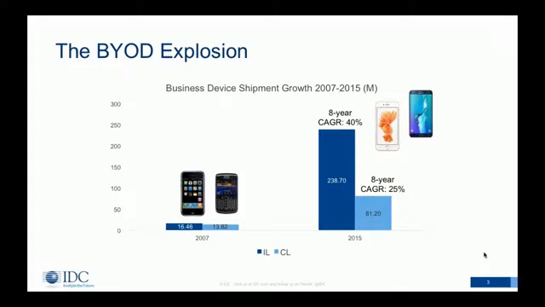But the devices can also bring risk. As the installed base of individual liable or BYOD devices gets bigger in an organization, this essentially increases the potential attack surface of your enterprise. You think about all the users in your organization bringing in tablets and phones they've gotten from the cell phone store or maybe even bought off eBay, secondhand devices.